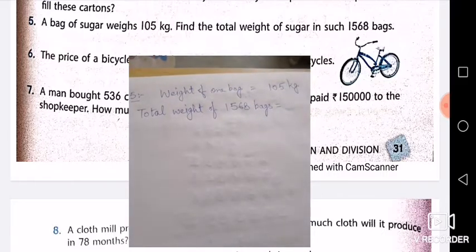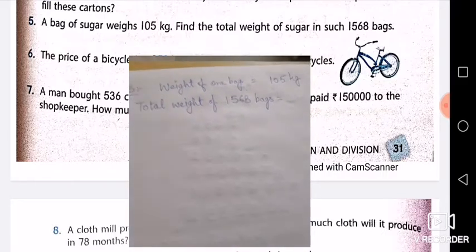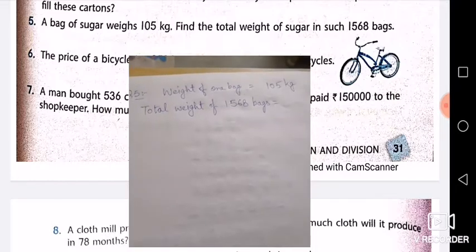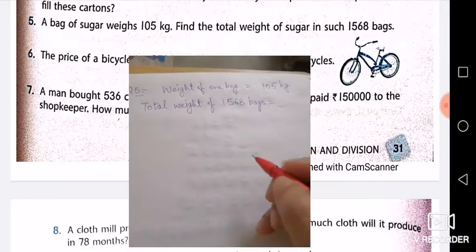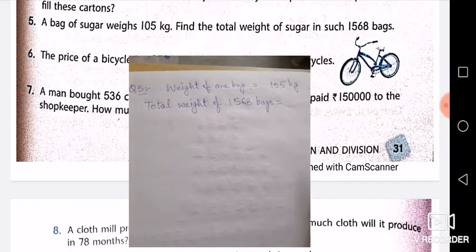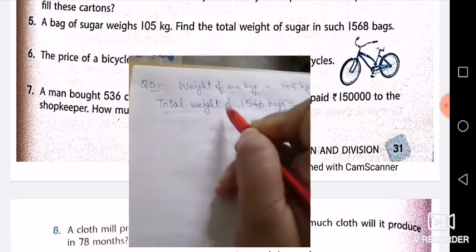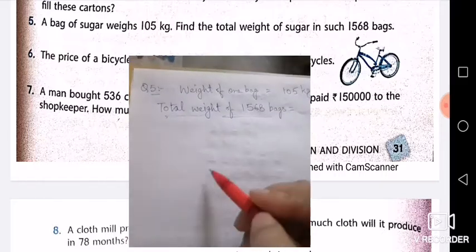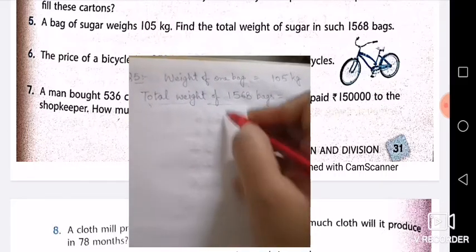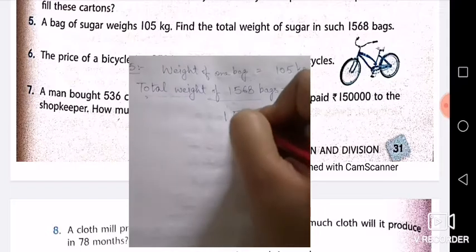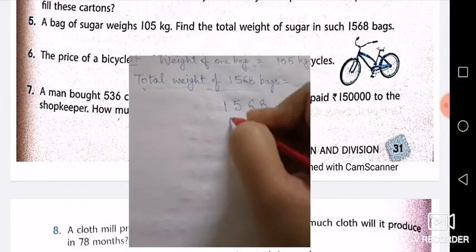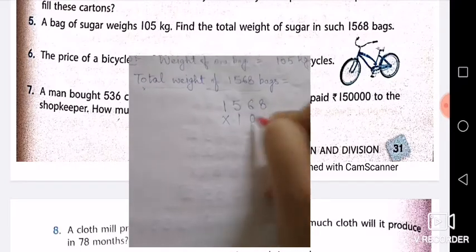It is not necessary that you write total weight of these many bags, or total weight of 1568 bags. And this statement only we are going to write at last as an answer. Now what you have to do here? You have to do multiplication. 1568 is going to multiply by 105.